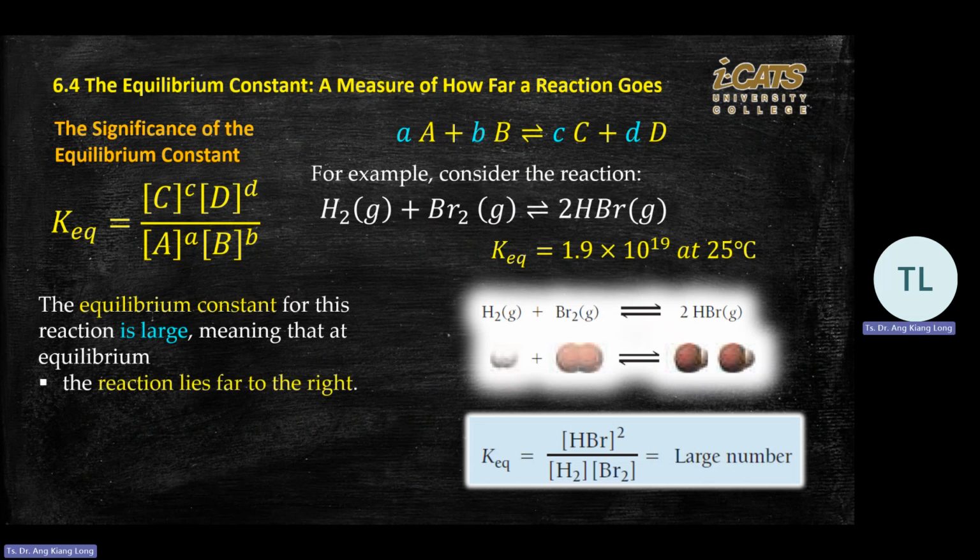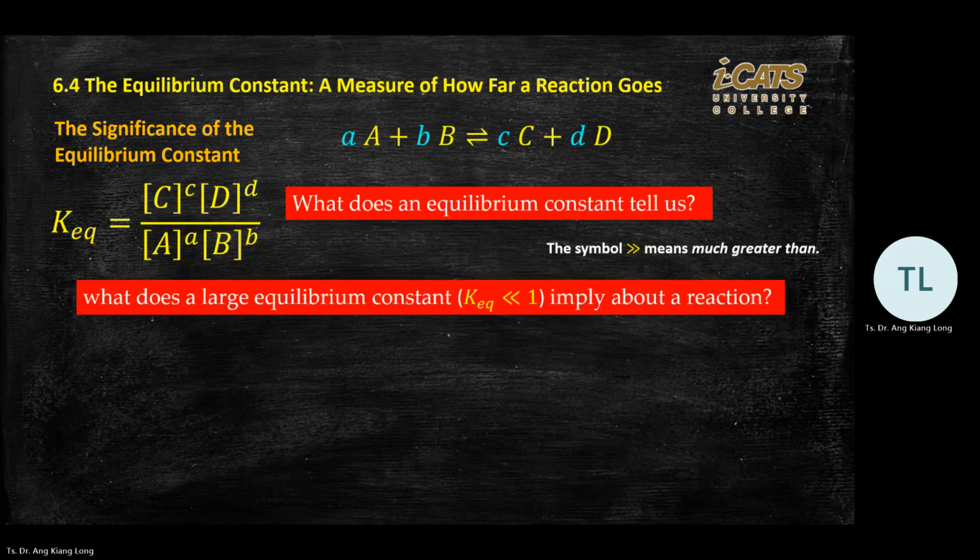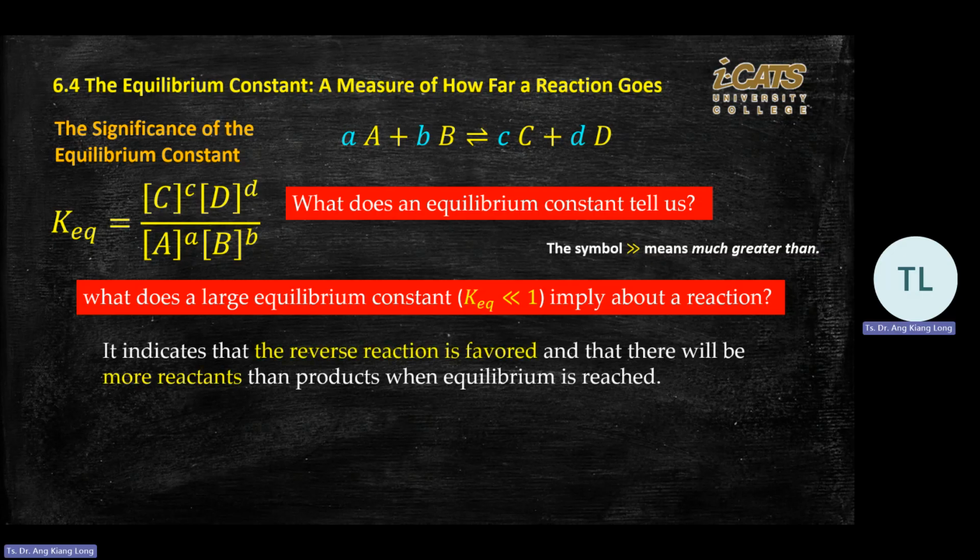Far to the right means forward direction, left to right. So less than 1 is a reverse reaction, the opposite of what you learned just now.